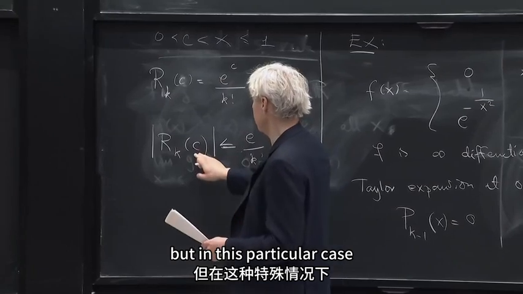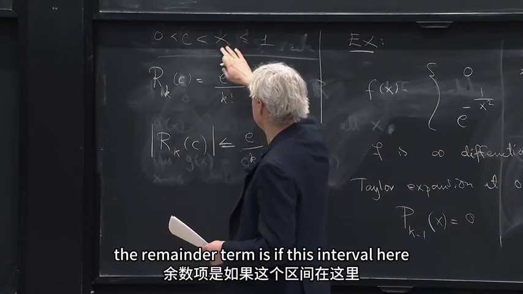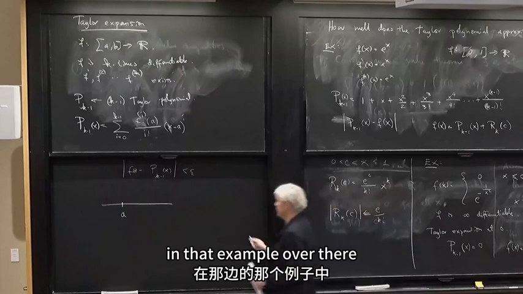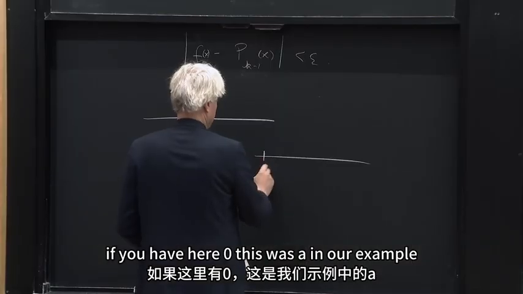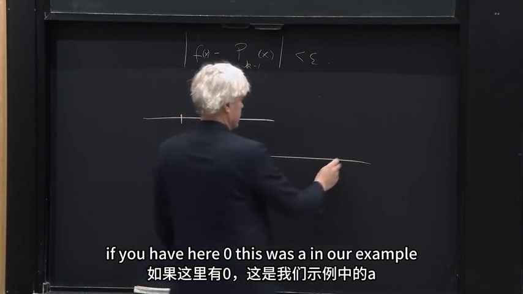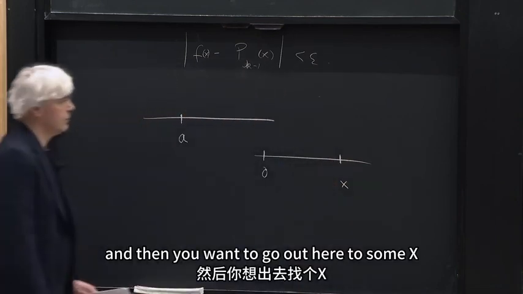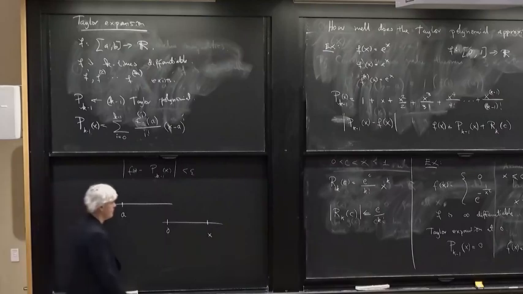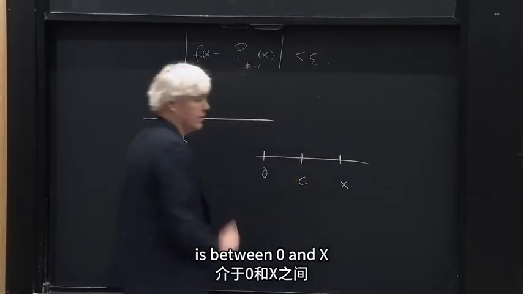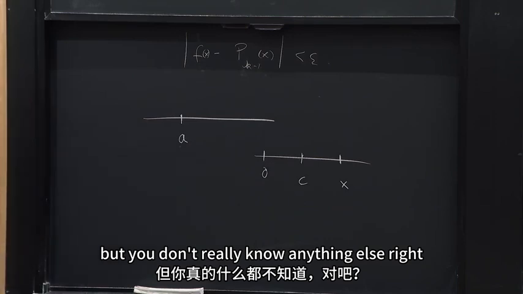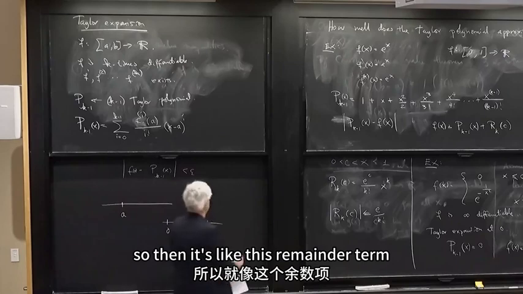But here, in that example over there, if you have 0, this was a in our example, and then you want to go out to some x, and now you know that c here is between 0 and x, but you don't really know anything else.